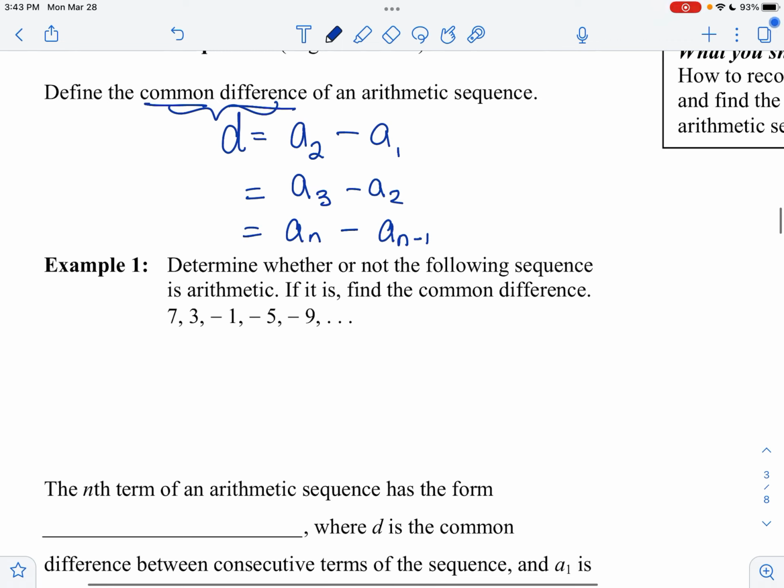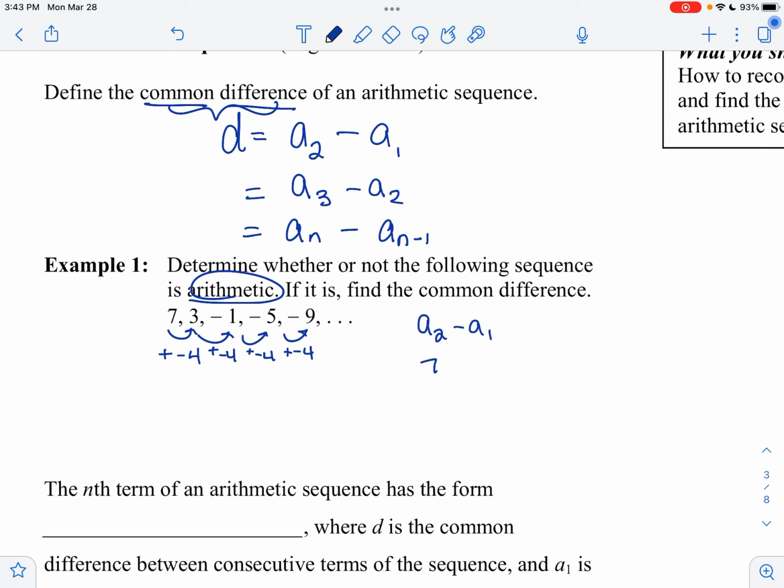Okay, so let's determine whether or not this sequence is arithmetic. Basically we can look at this pattern. What's going on here? From here to here, I'm adding a -4, and I'm also adding a -4, adding a -4, adding a -4. Another way to double check that is, the second term minus the first term is 7 minus 3, that's 4.